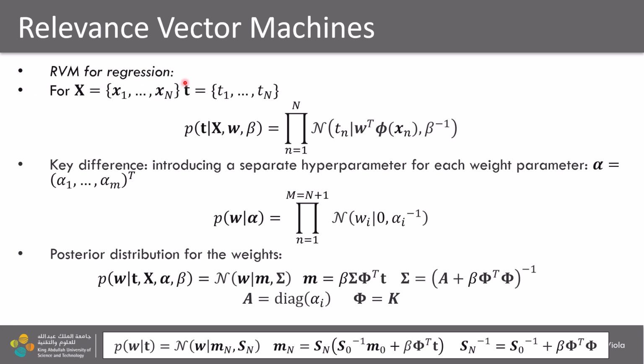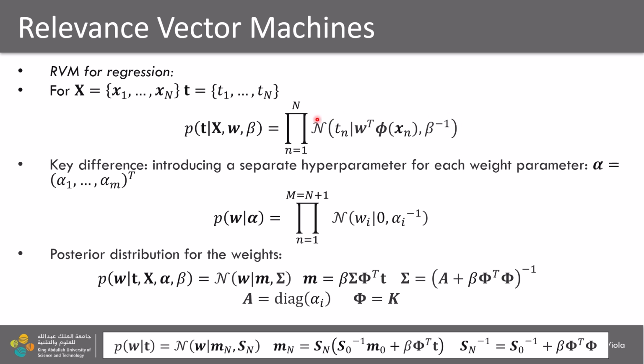Following from the linear models, we will first define our training set x1 to x capital N and the corresponding t1 to tN, and we will define our likelihood function as we were doing before, where the probability of the entire target outcome given the entire input, the weights and the noise precision is given as a product of these individual conditional probabilities.